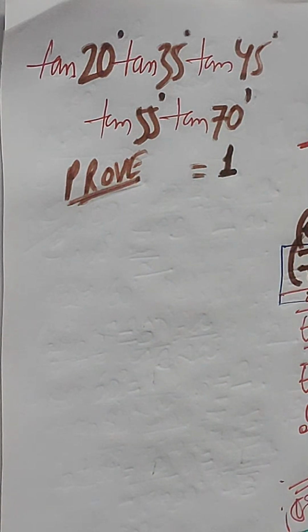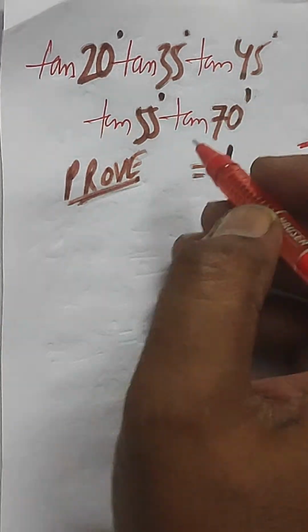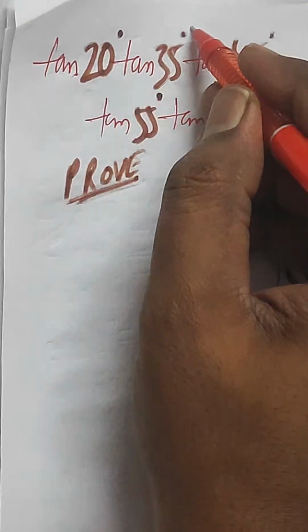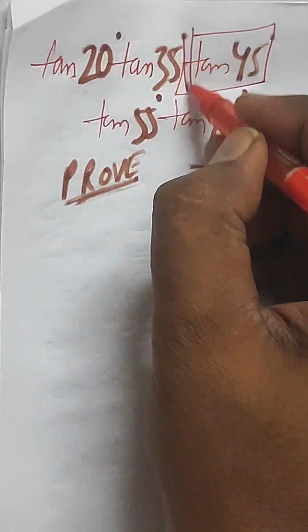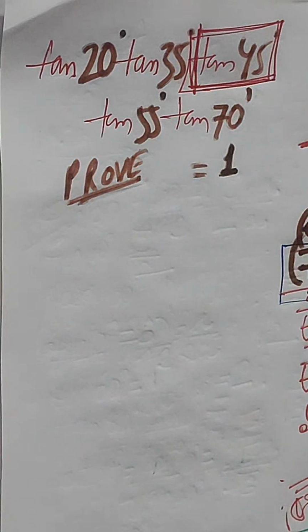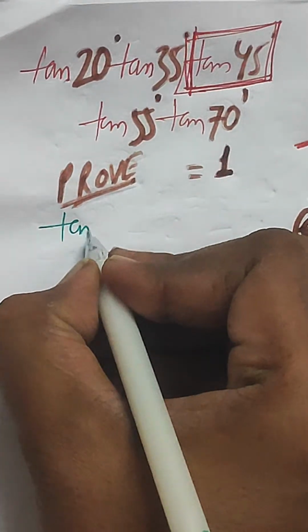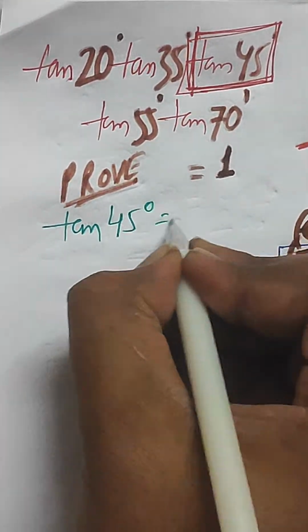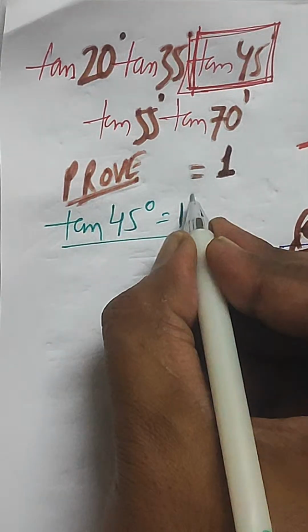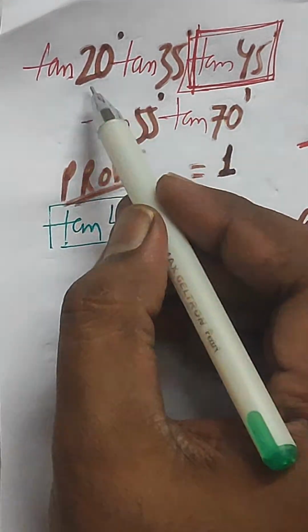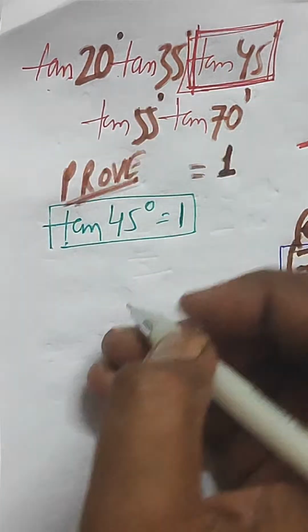So to prove it, we will simply see the combination. Just leave this tan 45 as it is, because tan 45 is nothing but 1, right? Then use the combination of the rest of the things.